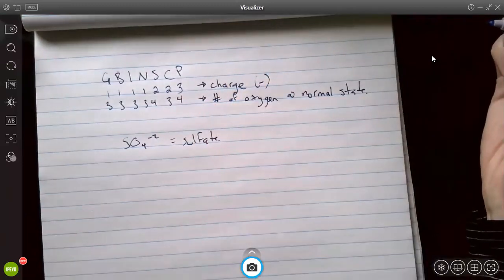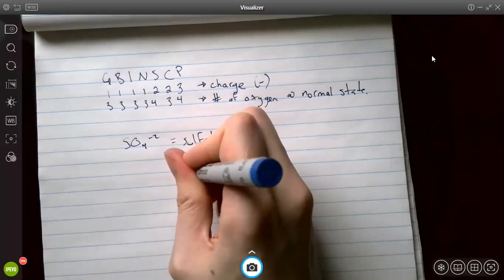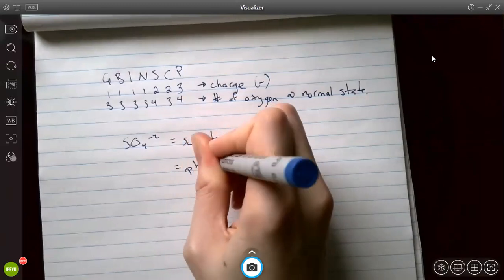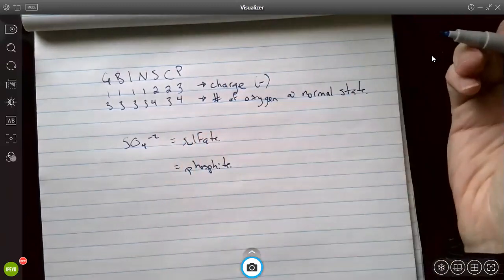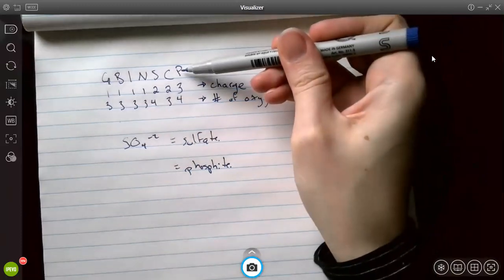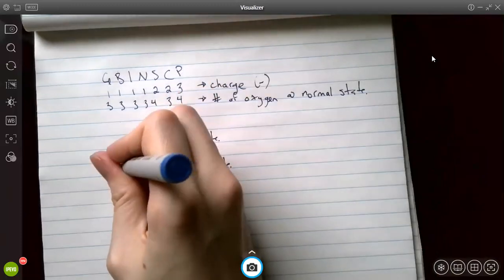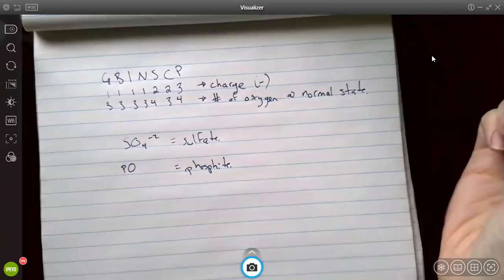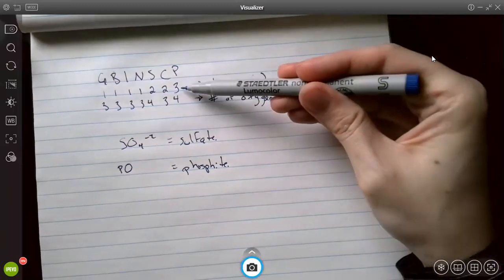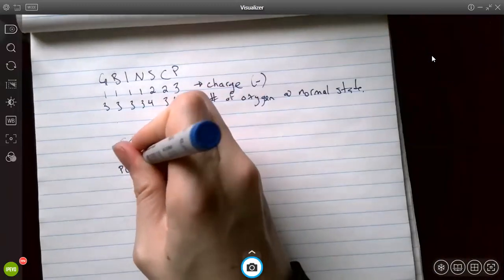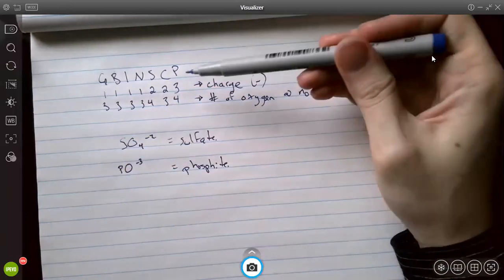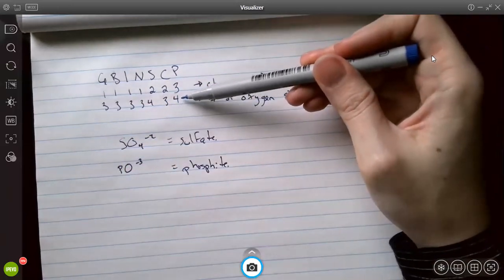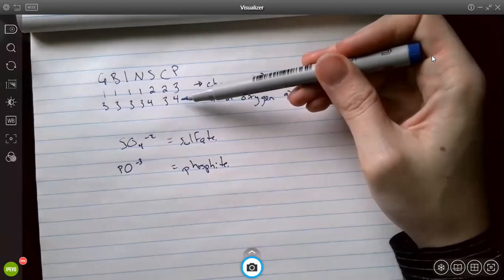If I'm asked what a phosphite would look like, well, I've got my P right here. I know it's going to have some O's. Its charge is always -3. And I know in the normal state, it has 4 oxygens.